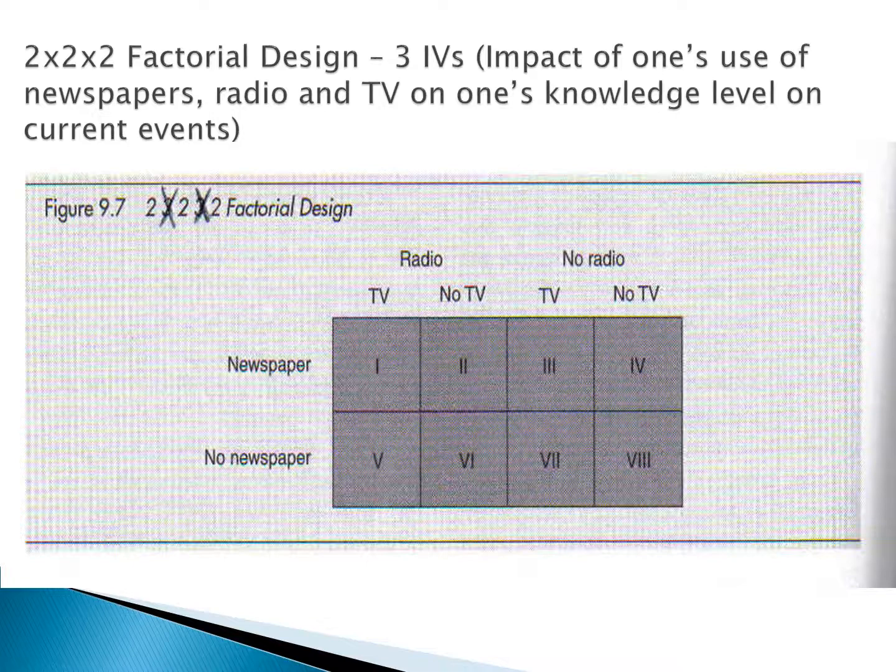So we've got possibilities of somebody reading a newspaper or not reading a newspaper, listening to radio, not listening to radio, listening to television, not listening to television, for news on current events. So you can see here how and why you need 8 cells for a 2 by 2 by 2. And you're going to take a look at all these different possibilities of what connects with what.